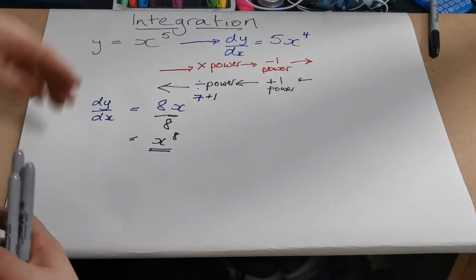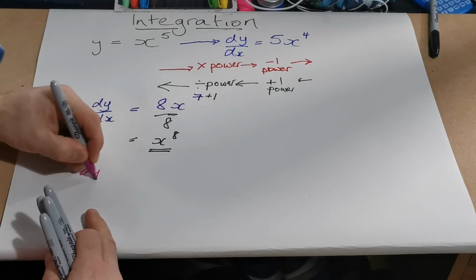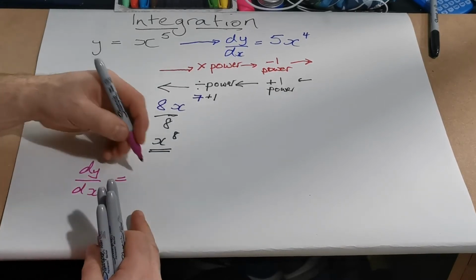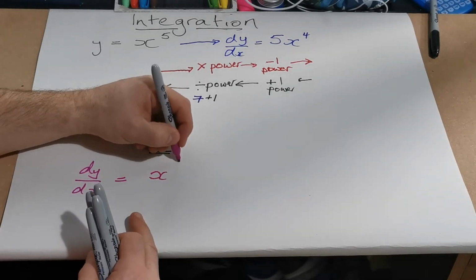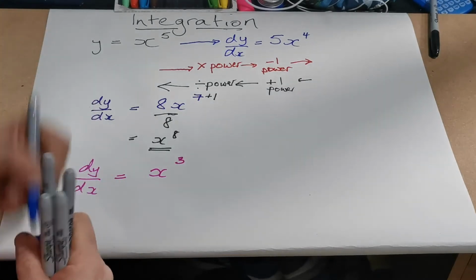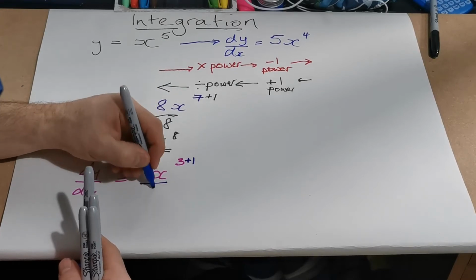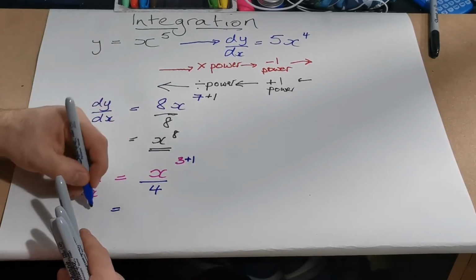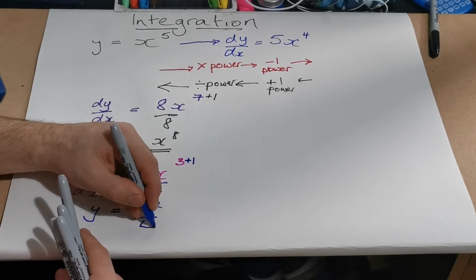Now what if we had a slightly more complicated one? So say I said dy by dx is only x to the 3. Well, then you would say I would be adding 1 to the power and then dividing by that new power. So my answer to y would be x to the 4 over 4.